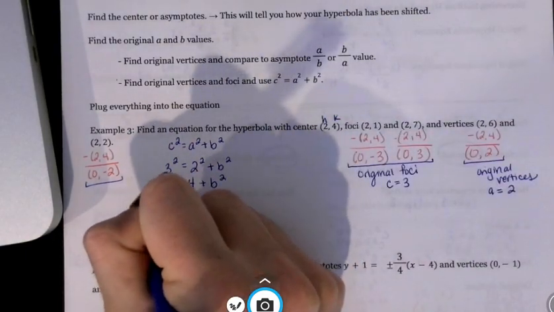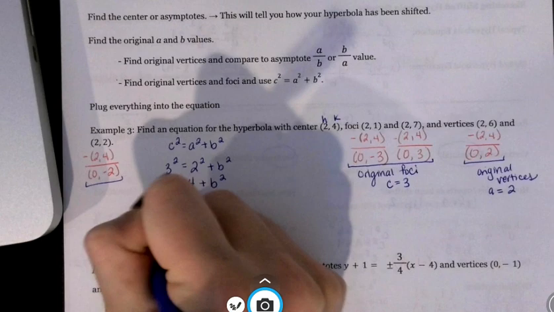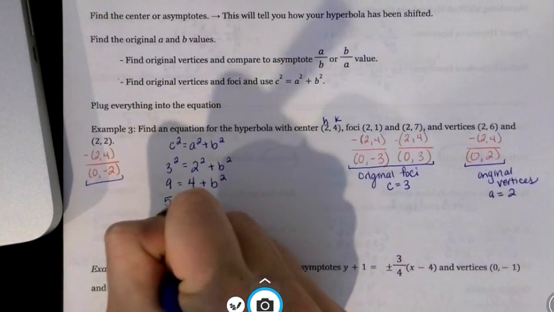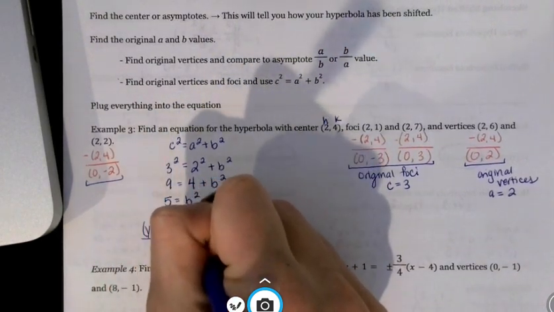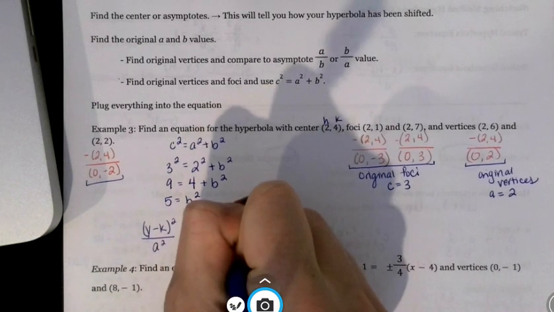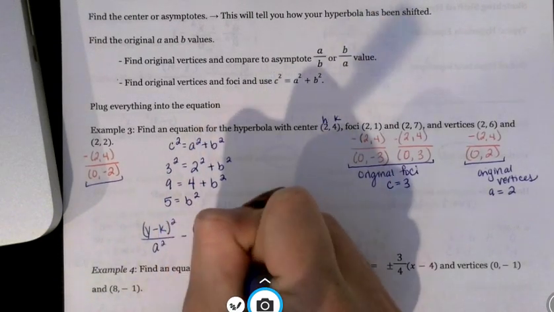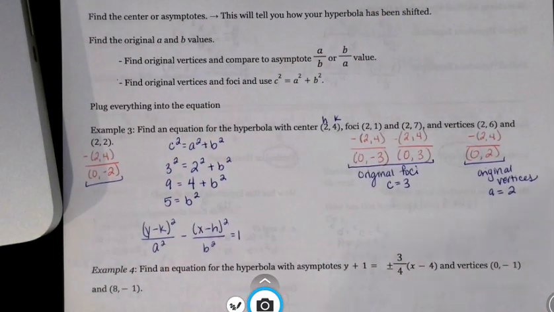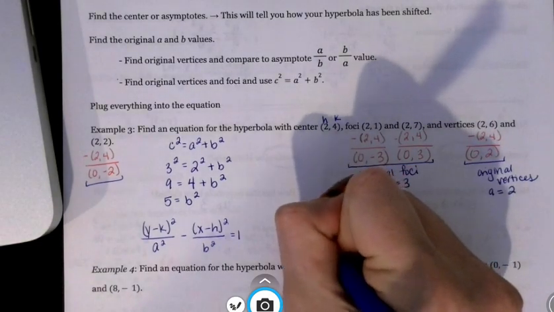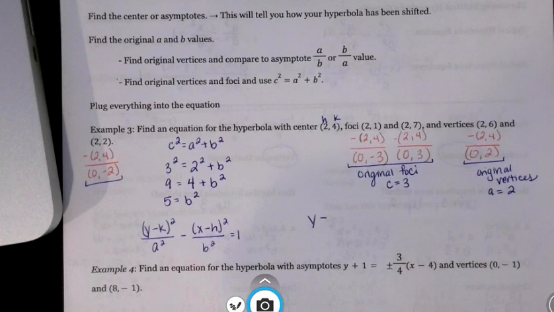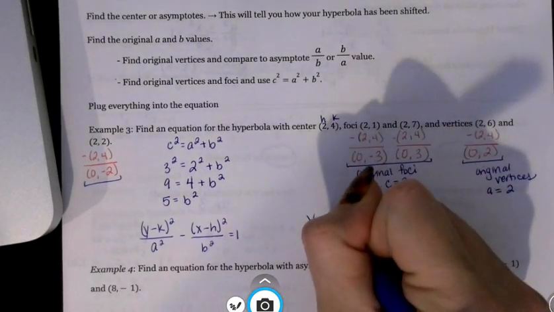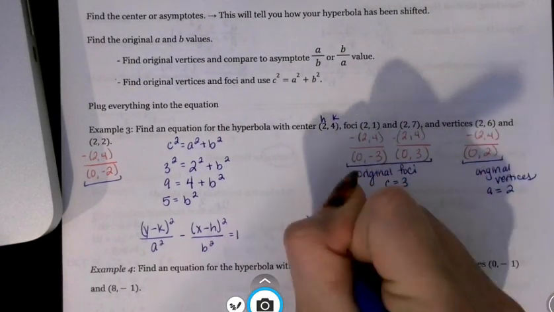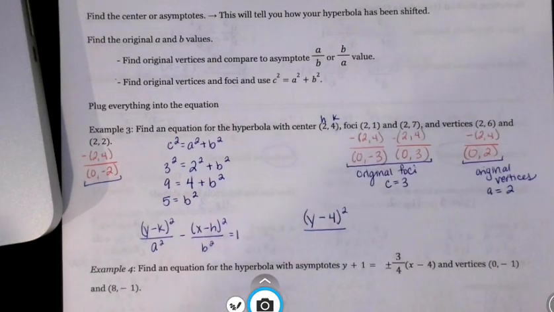So I'm going to write that template on my paper down here. So I have y minus k over a squared minus x minus h squared over b squared equals 1. So now that we have everything labeled, we have y minus our k, which was 4, all over a squared.